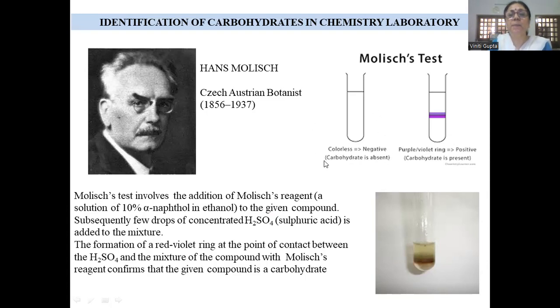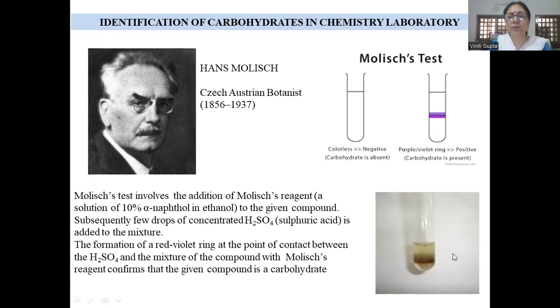He took a compound and added this reagent, 10% alpha-naphthol in ethanol, to that compound. When he added a few drops of sulfuric acid, he found a red-violet ring formed at the junction between sulfuric acid and the compound and alpha-naphthol solution.